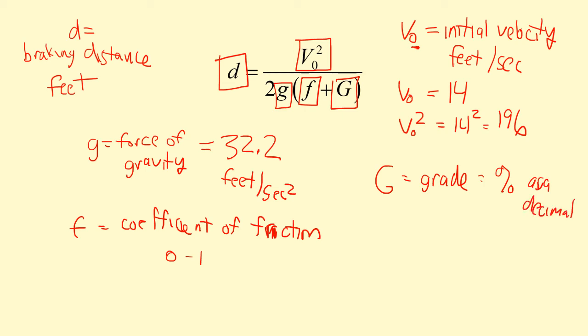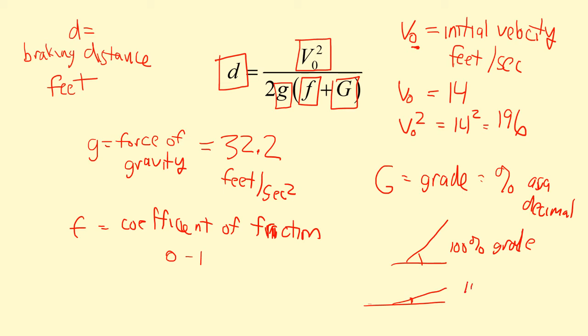So for example, if you had a 45-degree angle like this, that would be a 100% grade. And if you had a less steep angle like this, it would be a much lower percentage.